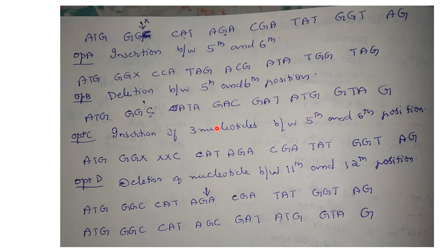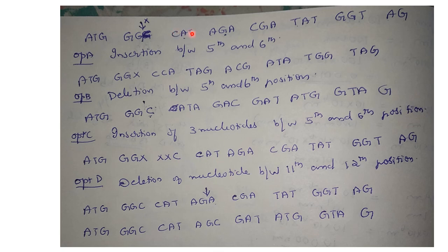Then next one, insertion of 3 nucleotides between 5th and 6th position. So between 5th and 6th, that is over here itself, you are inserting 3 nucleotides. So I have given 3X over there. Now if you insert, you will get ATG, GGX. X can be any base, and here you will get XXC, CAT.